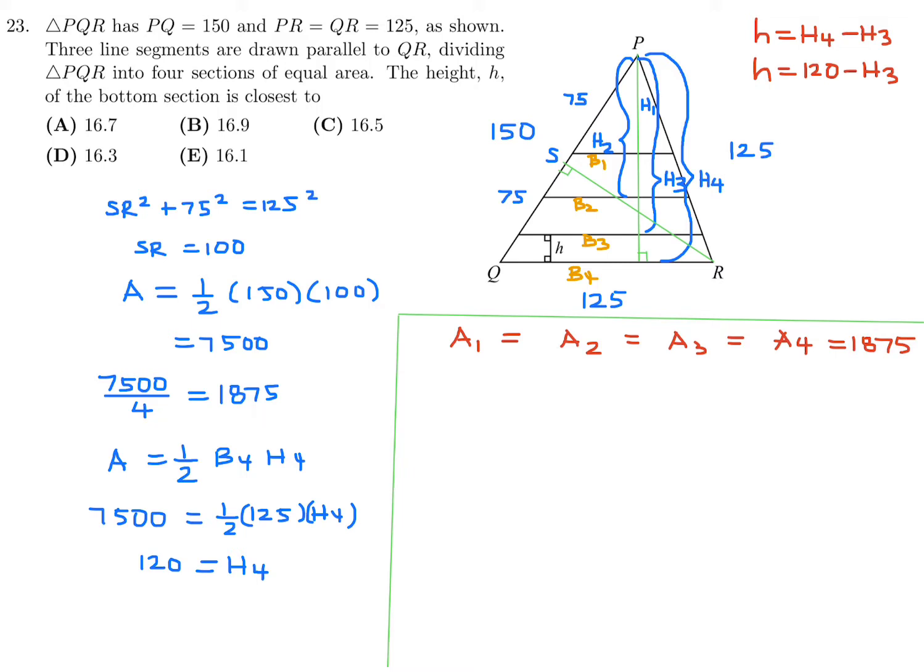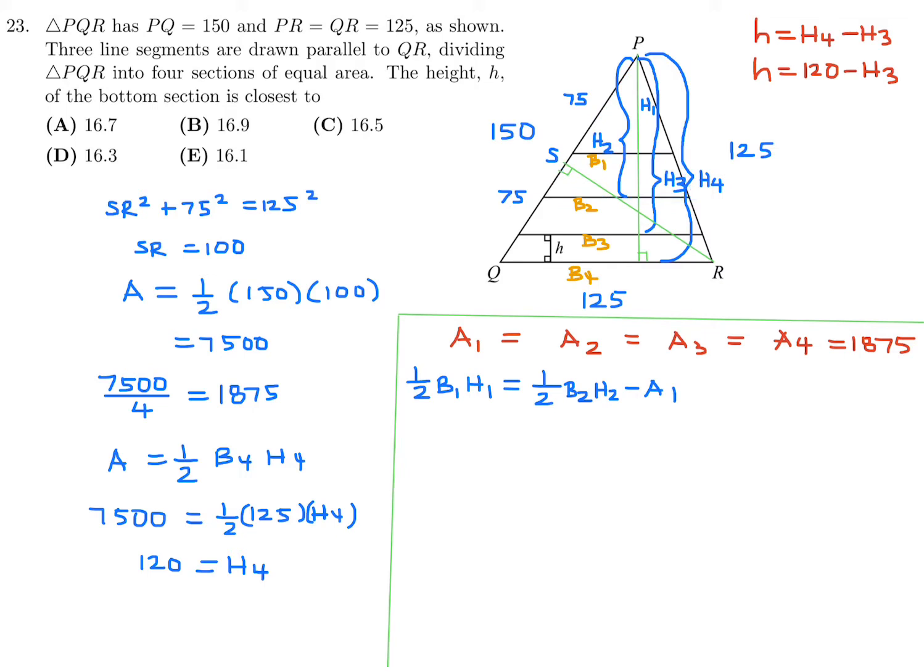Now we have to figure out some formulas, but it shouldn't be that hard. A1 is just 1/2 base times height, which is B1 times H1. A2 is 1/2 base times height, so B2 H2 minus A1, because it's not the full triangle, it's just this section right here.